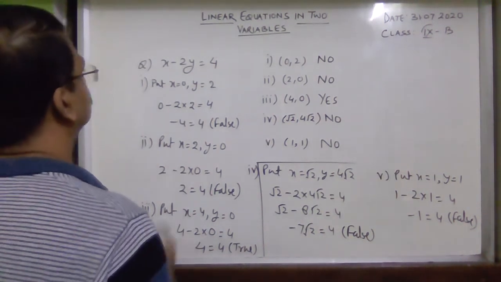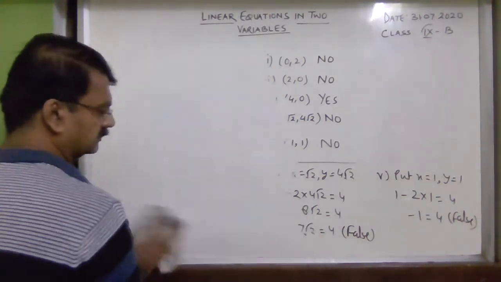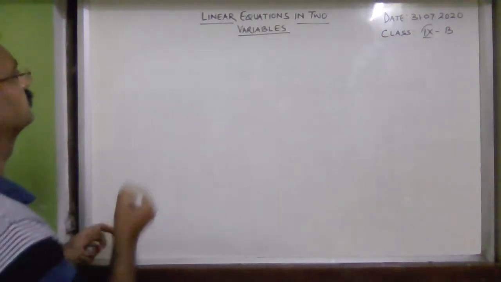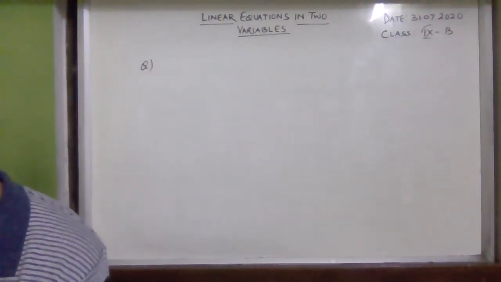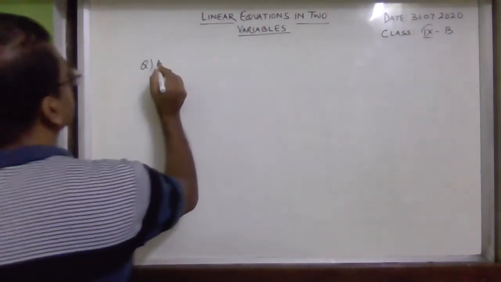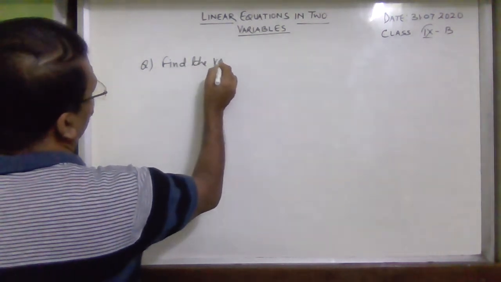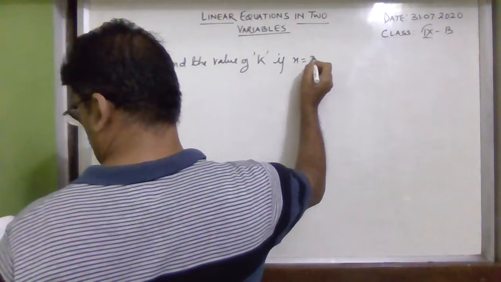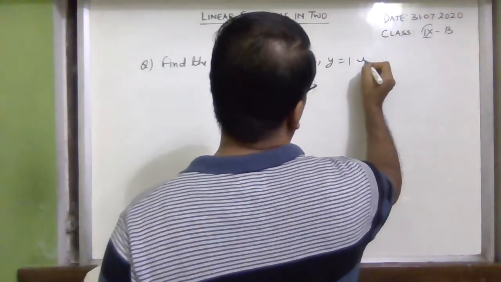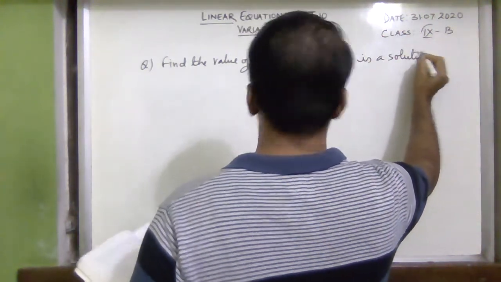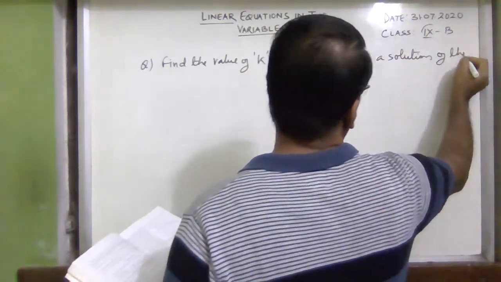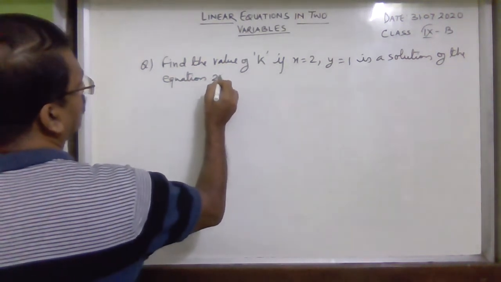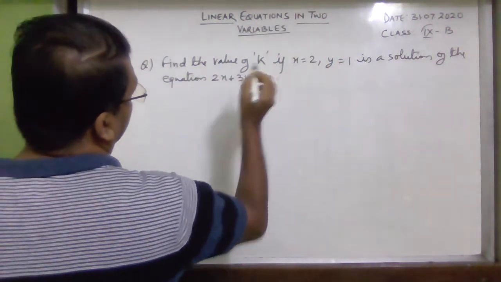And the last question. Find the value of k if x is equal to 2, y is equal to 1 is a solution of the equation 2x plus 3y is equal to k.